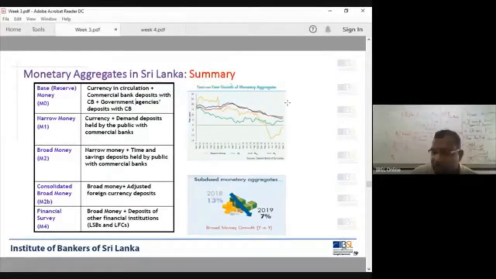If you read chapter 7, you will find these charts very clearly, and there are explanations also. Right now, let's look at the lines here. I hope it's visible for you.